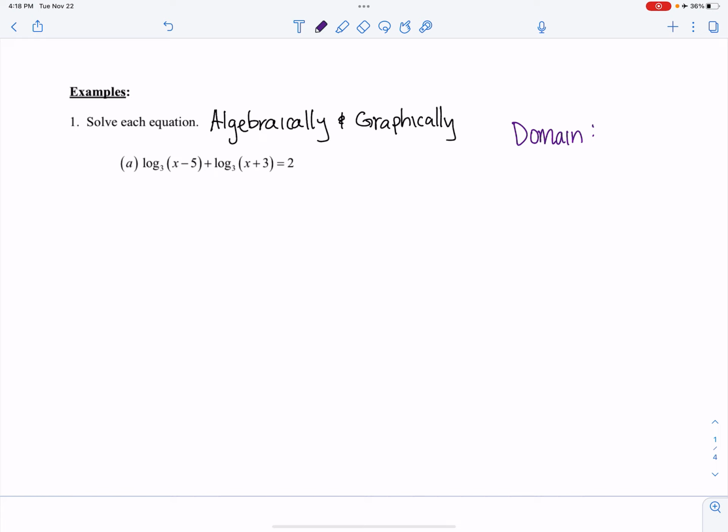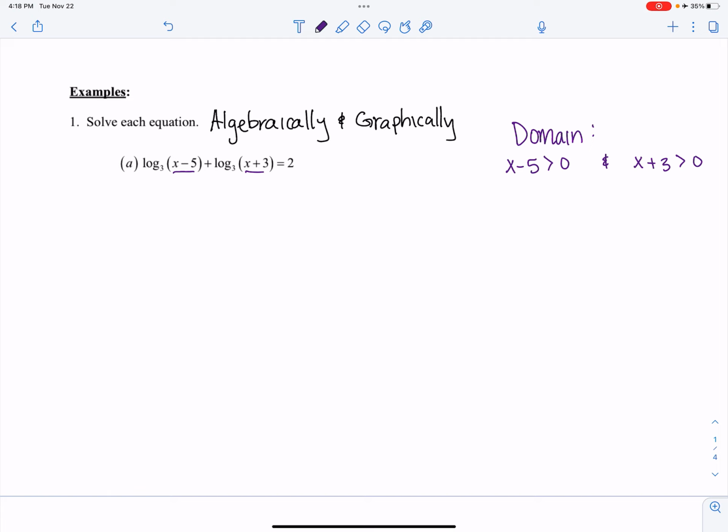Let's find the domain. So we're going to take each piece inside of our logarithms to find their domain and make sure that they stay greater than 0. What this means is we're looking at x minus 5 has to be greater than 0, and x plus 3 has to be greater than 0.